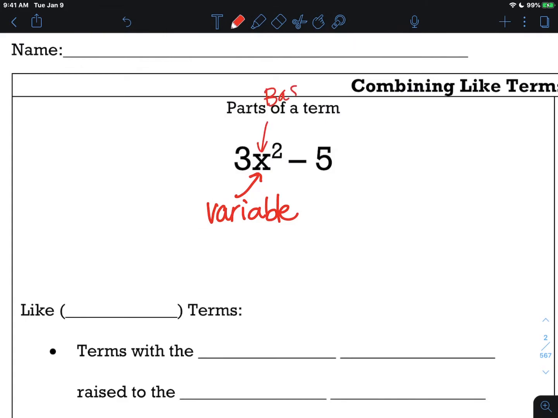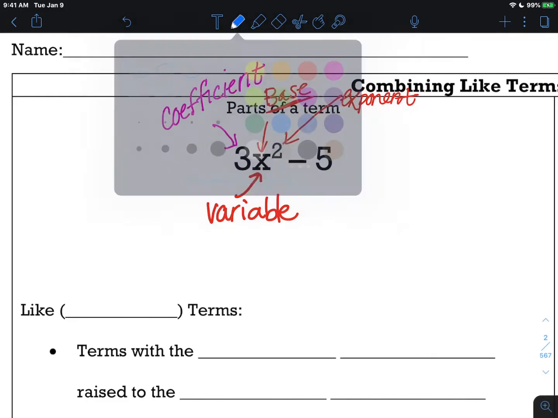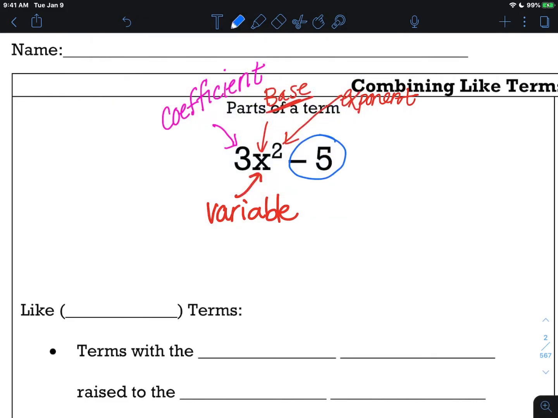It has the base, the letter part, that could also be a number, and the exponent. Anything that's attached to the front of a variable or something in parentheses is called a coefficient. That's a fancy way of saying the number that's in front of it. If we have a number that's by itself, that's called a constant.